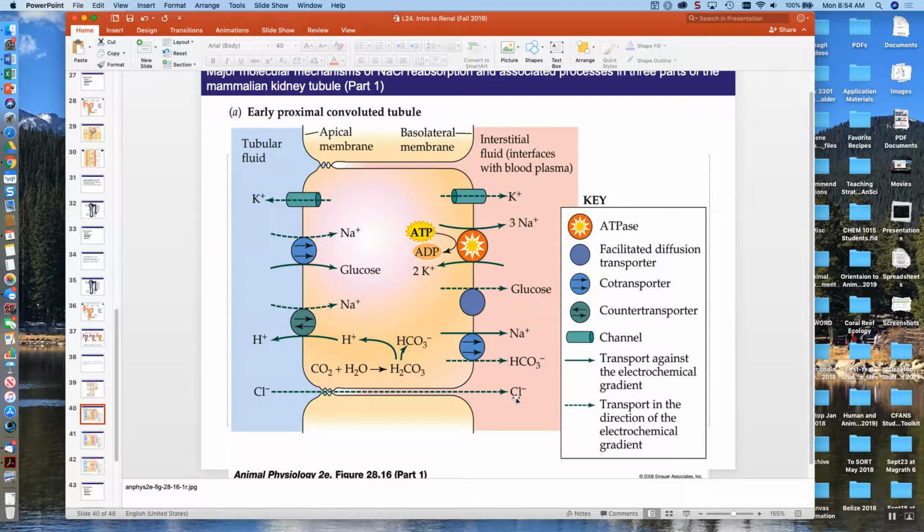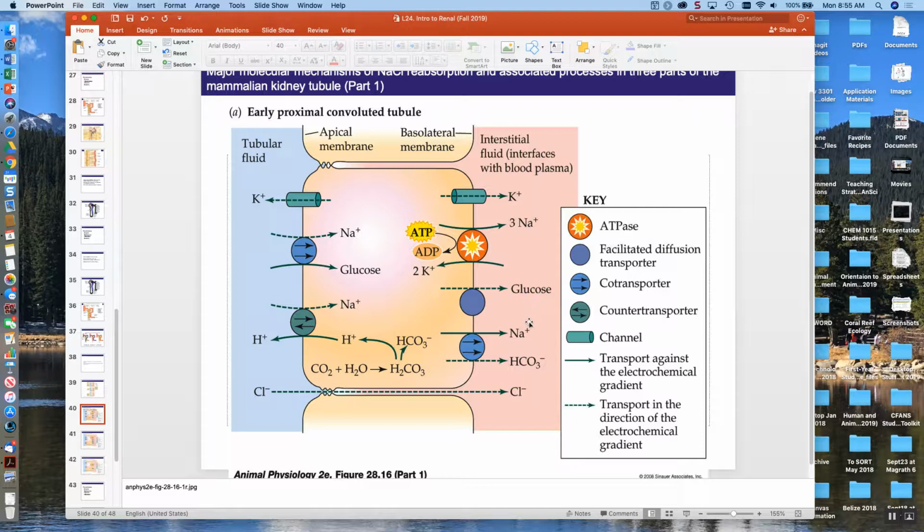So you're reabsorbing salts, sodium and chloride. Which way is the water going to follow? Yep, it's going to go with the solute concentration. Remember, we learned that too. Water's always going to follow the solute movement if there's a pathway for water. So if there's aquaporin channels there, then yes, water is going to follow the salt movement.